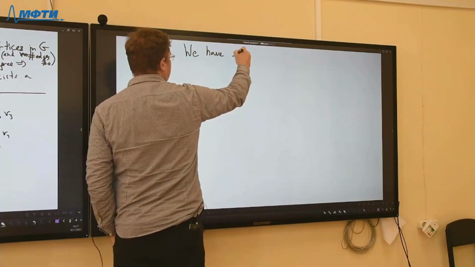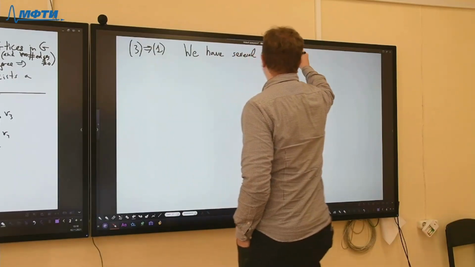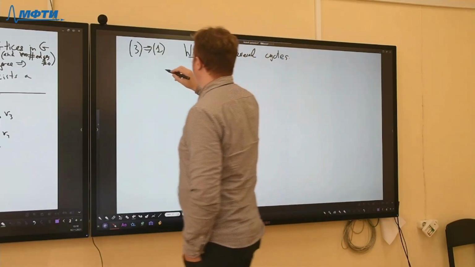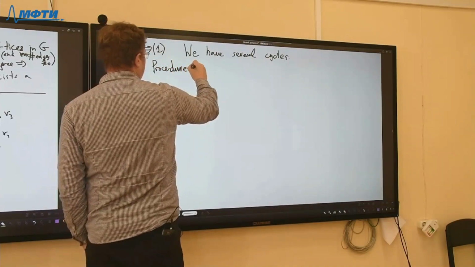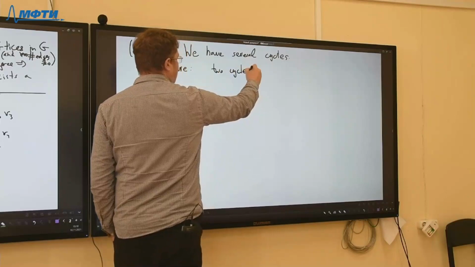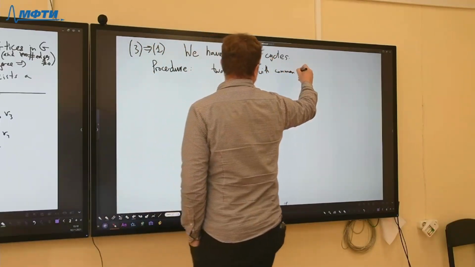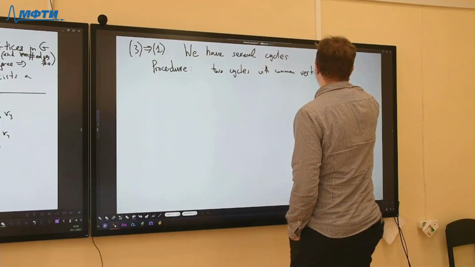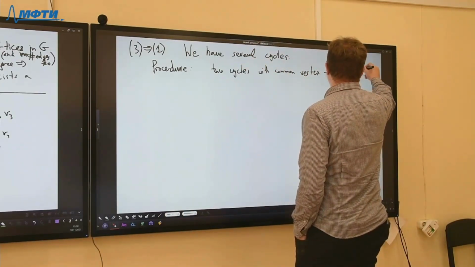Let's do the following procedure. If we have two cycles with a common vertex, we will have one circuit.